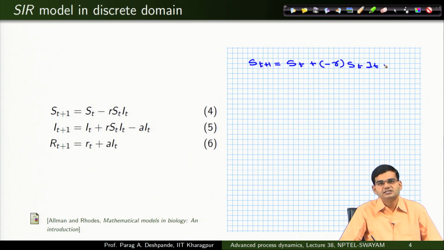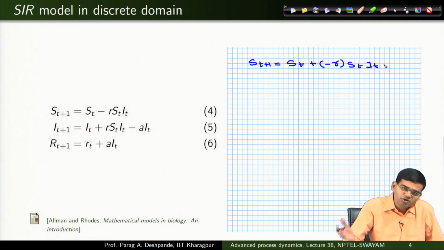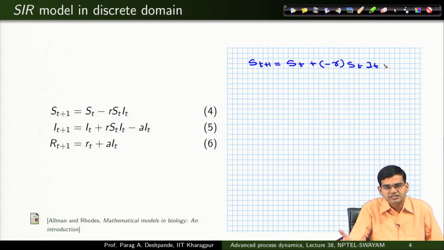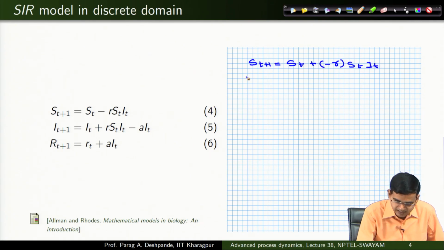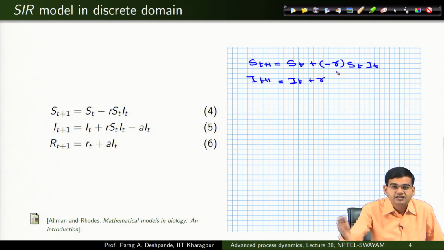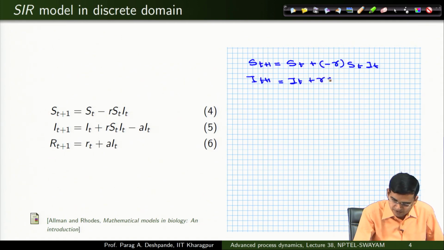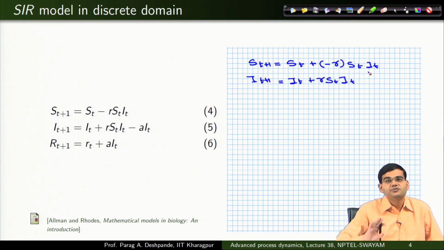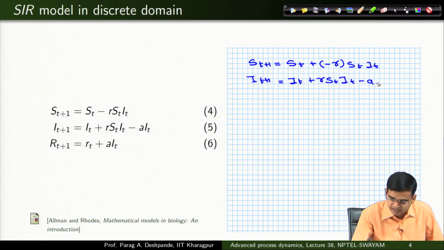This is the model equation in the discrete domain. Similarly, following the same logic as in the previous continuous domain analysis, I can write I_{t+1} equal to I_t, the population at the current instant, plus the contribution from the influx, R S_t I_t, and the contribution from the outflux, minus A I_t.